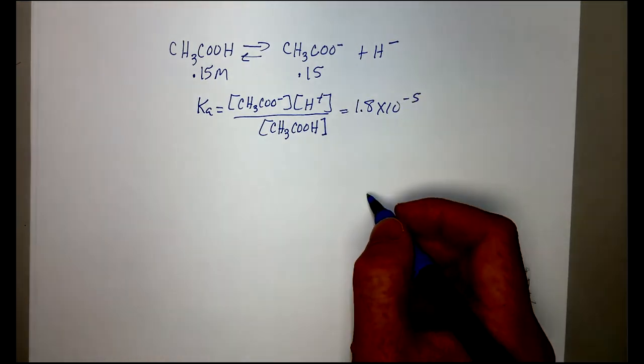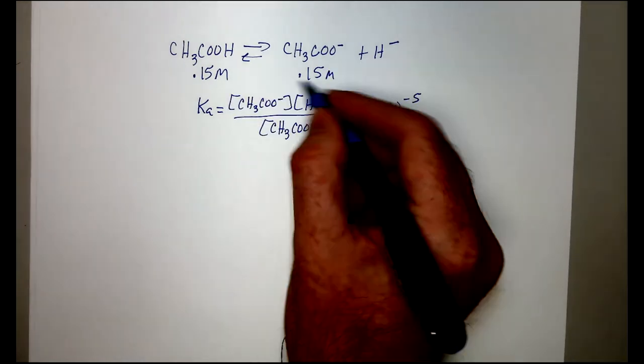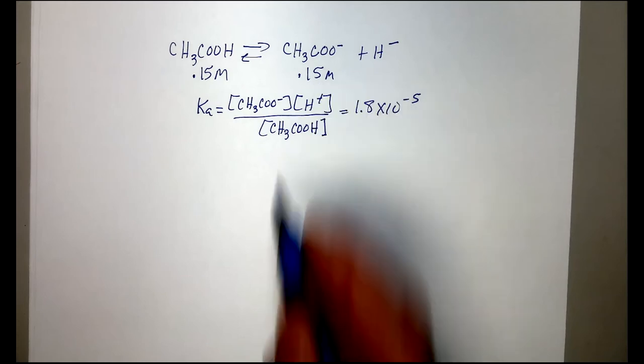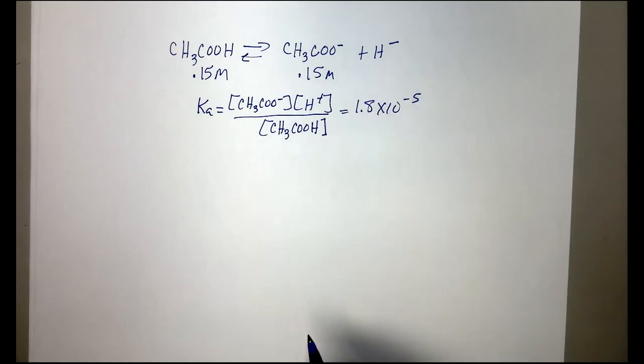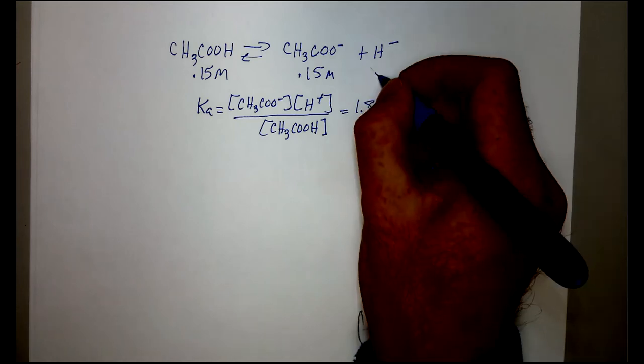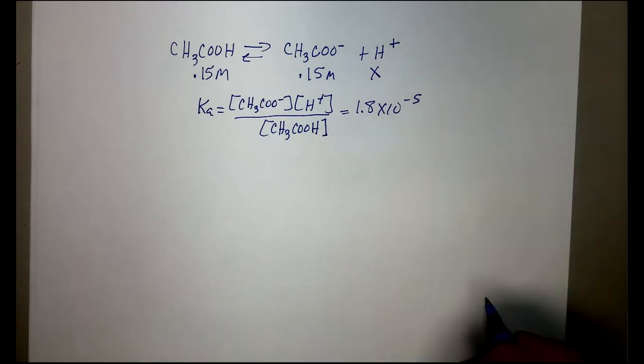At equilibrium, we're going to assume that these concentrations are more or less unchanged, because 0.15 plus or minus a small number x is going to be approximately 0.15 molar. We just need to stick an x in for the H plus ion that's formed.